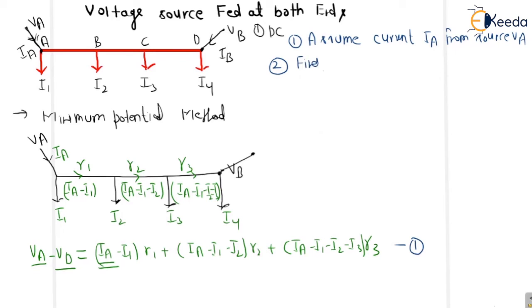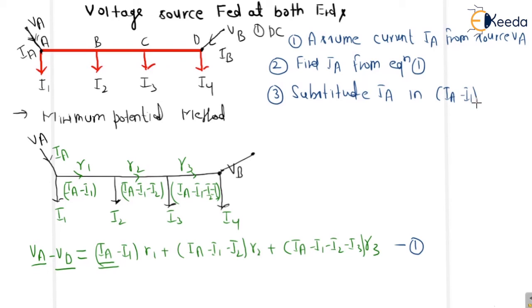The third step is to substitute IA in all the branches, like IA minus I1, IA minus I1 minus I2, and IA minus I1 minus I2 minus I3, and calculate all those values.